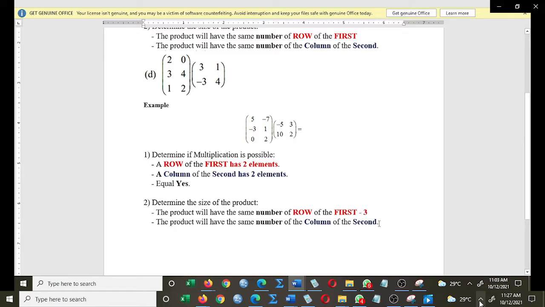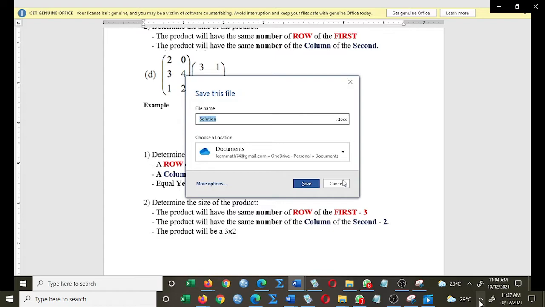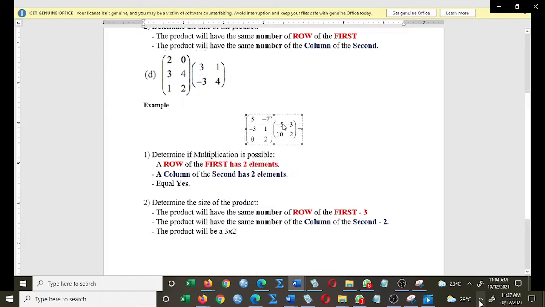So what is our answer going to be? A 3 by 2. How are we going to get that 3 by 2?